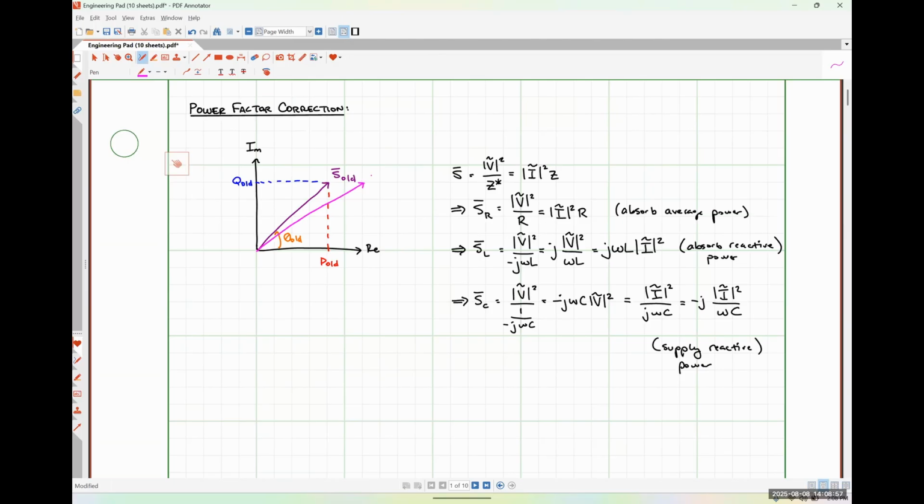Right? So here is S new done in a dumb way. Okay. Q is the same as it was. We would have some new average power over here, and we could see that this angle, theta new, is indeed smaller, so our power factor would be improved.